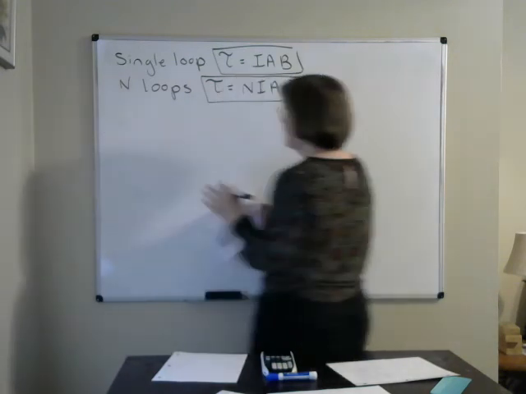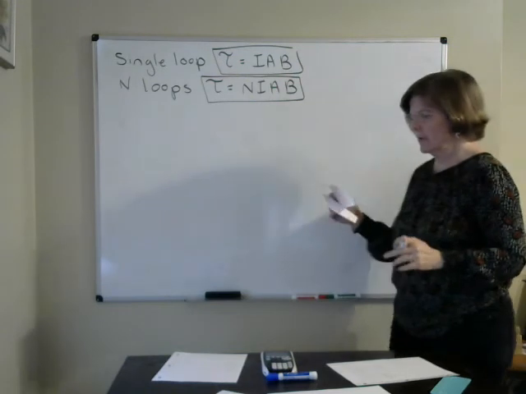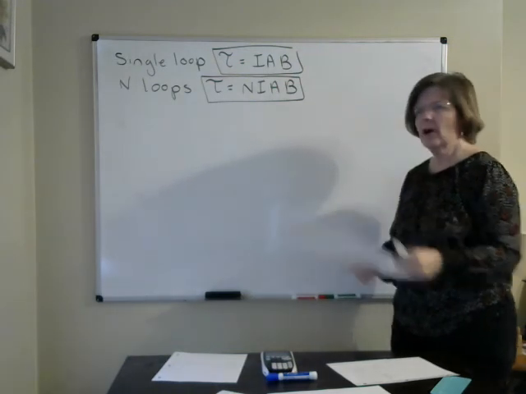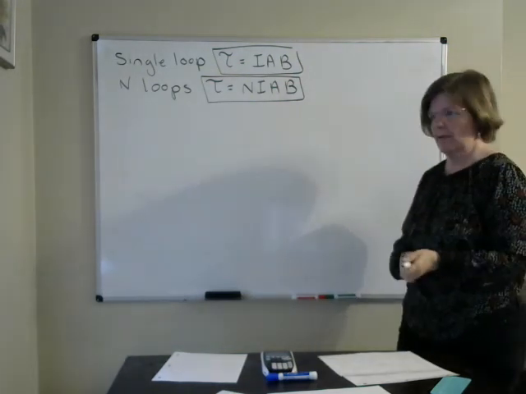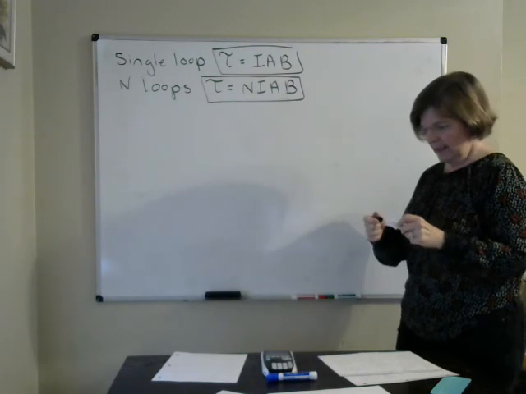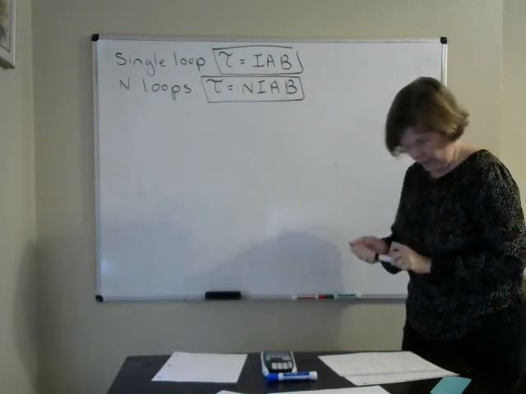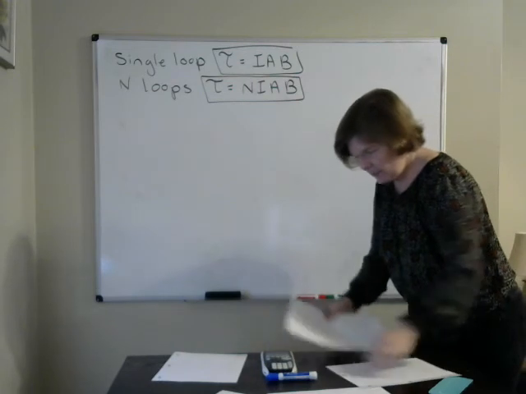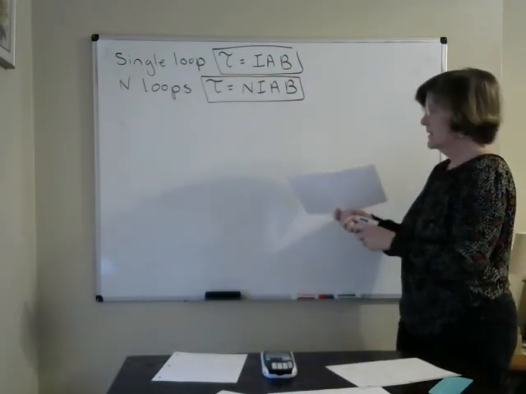Okay, now we looked at a situation where our coil was not making an angle with the field. That's not necessarily always going to be true. We often have a situation that looks like this.